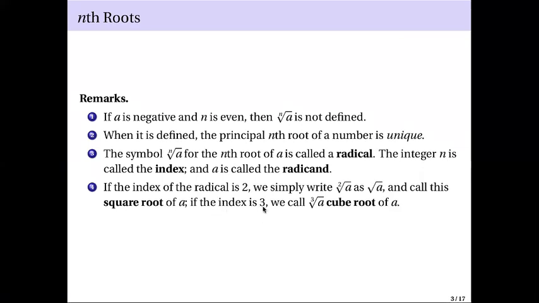And if the index is 3, we call it the cube root of a. This symbol here is called the cube root of a. And for any other index, let's just call them, as usual, fourth, fifth, sixth, and so on, as in the nth.